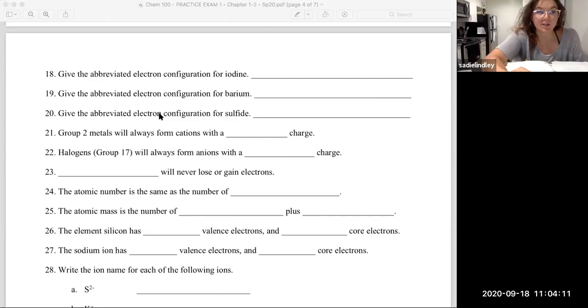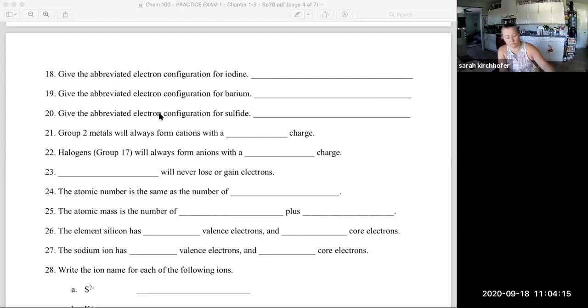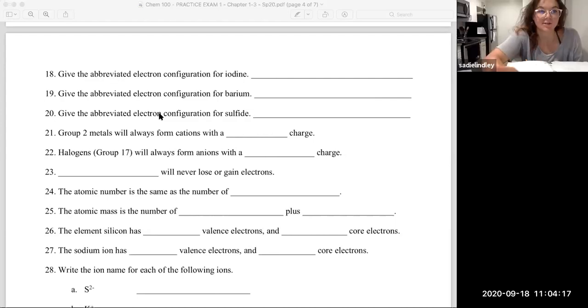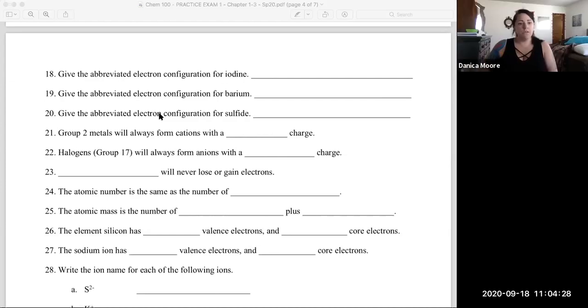The sodium ion is the same as neon, but the sodium element is not the same. And fluoride would be the same as well. So that's one way I can ask that question.